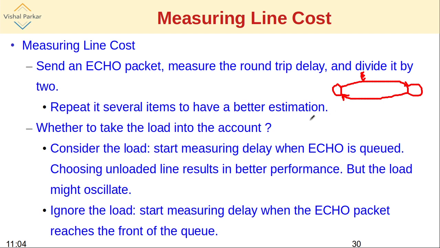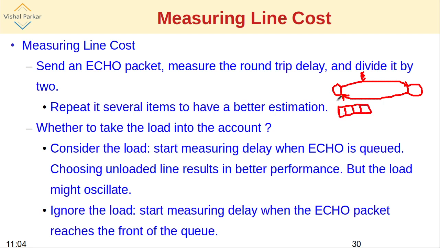We know that whenever a router sends packets in some outward direction to some other router, there may be multiple packets, and there is one queue which is the sending buffer. So this is a queue.